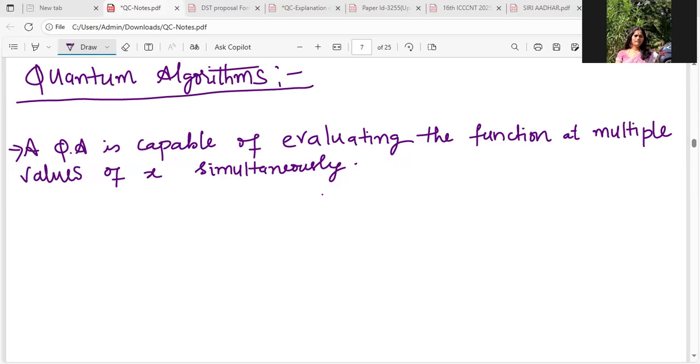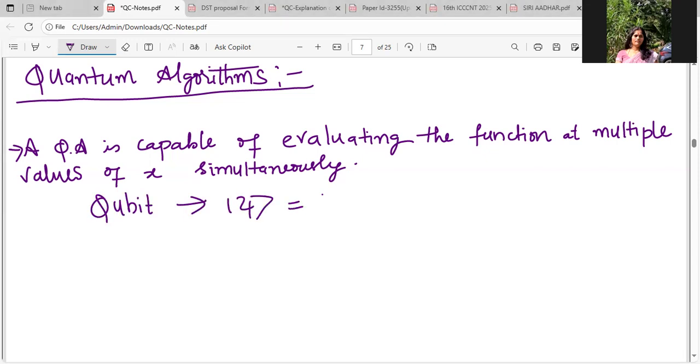Now, what exactly is the benefit of a quantum algorithm? A quantum algorithm is capable of evaluating the function at multiple values of x simultaneously. How I will justify this is, suppose I talk about a qubit which exists in the superposition state, ket xi, alpha ket 0 plus beta ket 1.